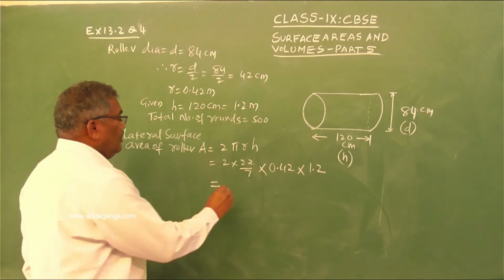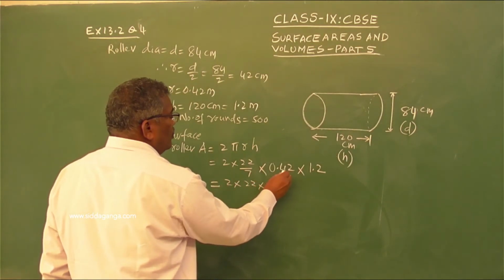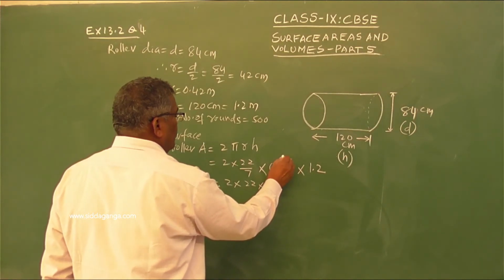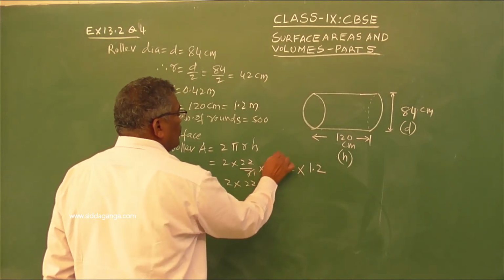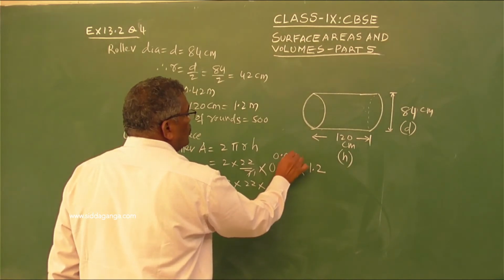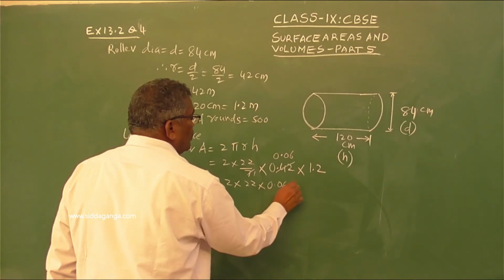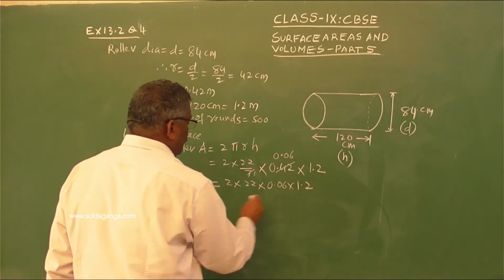So this is 2 into 22 into 0.06 into 1.2.